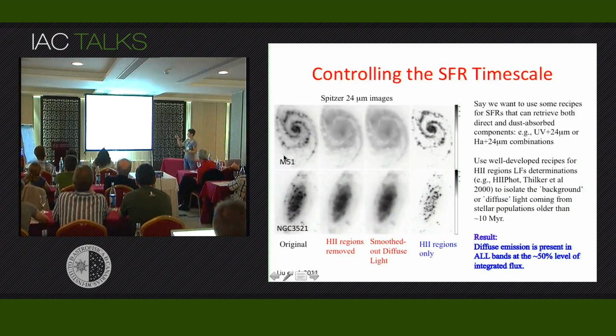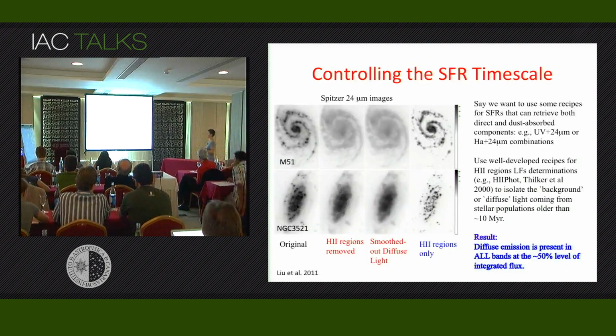One is M51 at the top, and the other is NGC 3521. I'm showing the Spitzer 24 micron images. On the left-hand side are the original Spitzer 24 micron images. The second panels show the same images after I've used a program like HIIphot to remove all the HII regions. HIIphot is a program that automatically identifies, seeds and grows HII regions, and then you can manipulate it to actually force it to remove the HII regions.